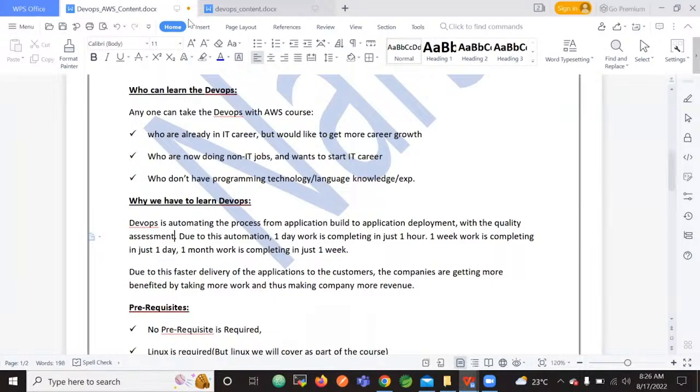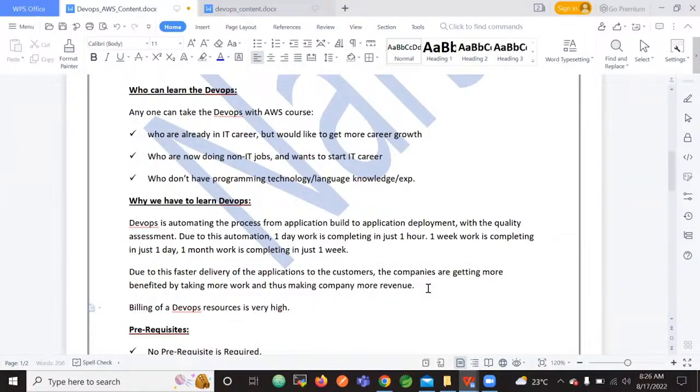That is the reason the billing of a DevOps resource is high, very high.